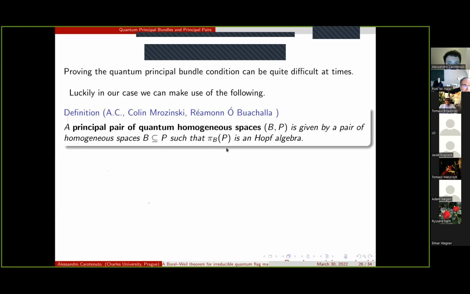And if pi B of P is a Hopf algebra, I get back a principal comodule algebra. But you do assume all the time that P is a Hopf algebra. No, I don't assume that P is a Hopf algebra. In fact, in many cases, it's not.